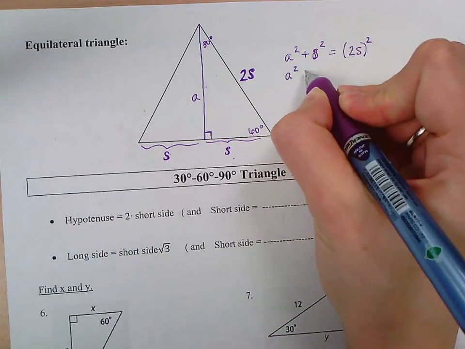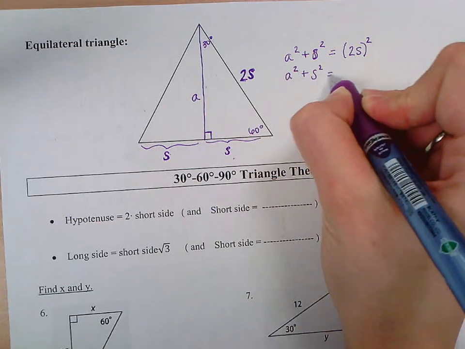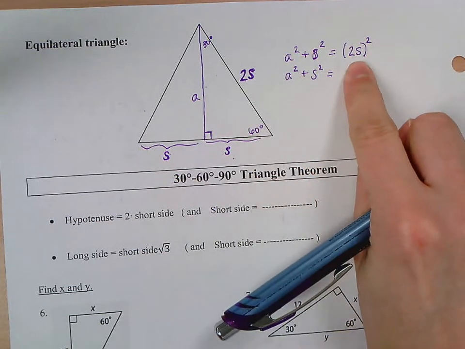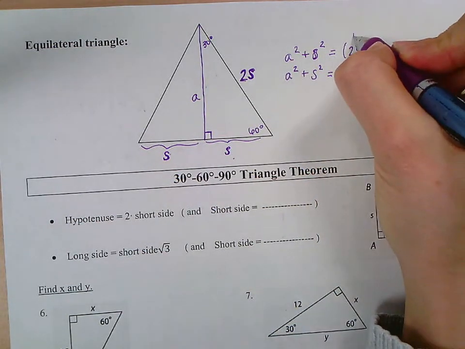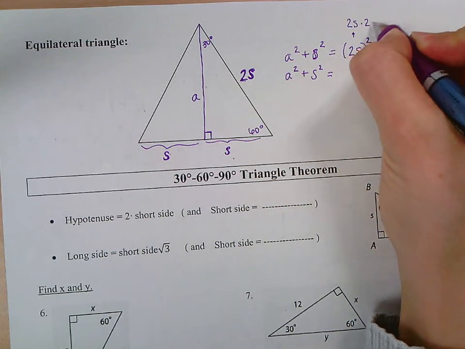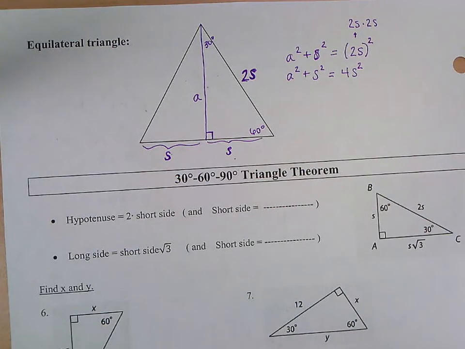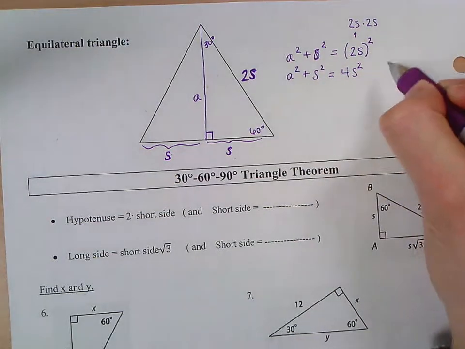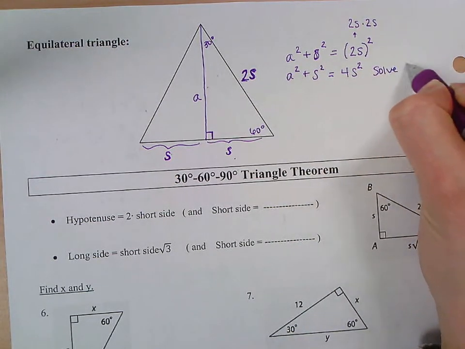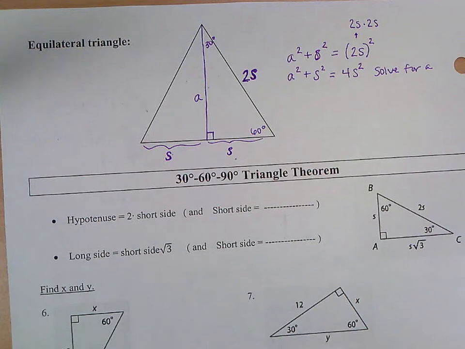Okay, so then I'm going to leave this right now. This is A squared plus S squared. 2S quantity squared, that is 2S times 2S. So that is 4S squared. 2 times 2 is 4. S times S is S squared. Okay, and now I'm solving for A. I'm trying to find a formula for the altitude.